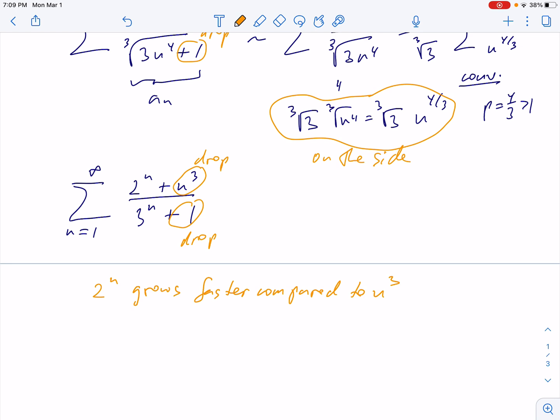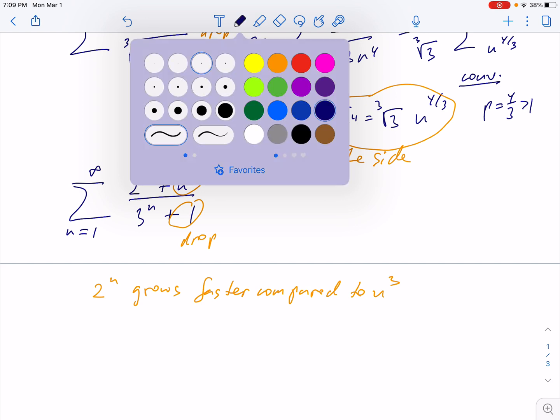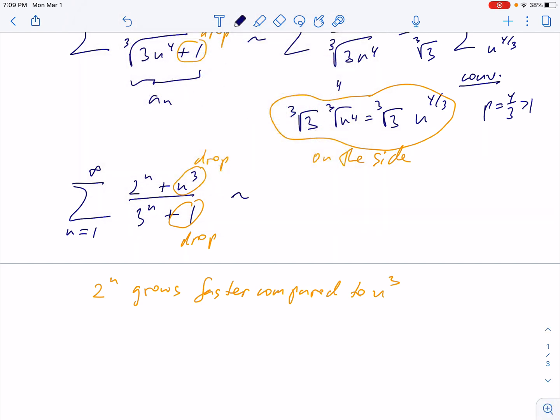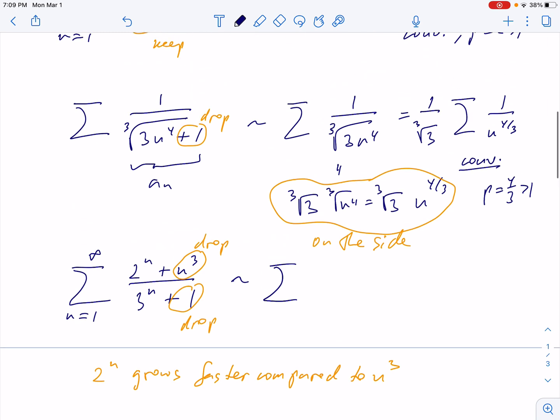And after dropping these things, we find a similar series which is only 2 to the power n on top, 3 to the power n below. We can unite like that, 2/3 to the power n.